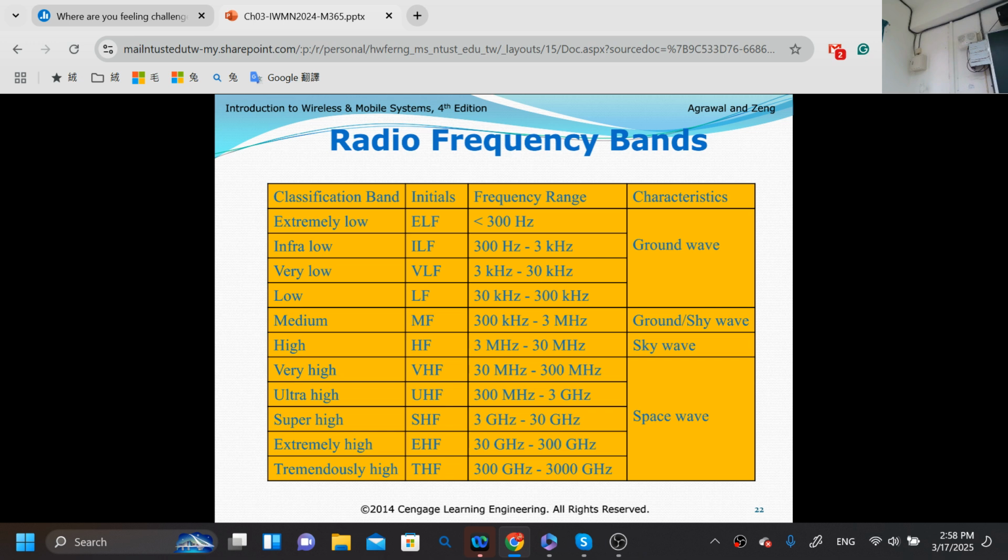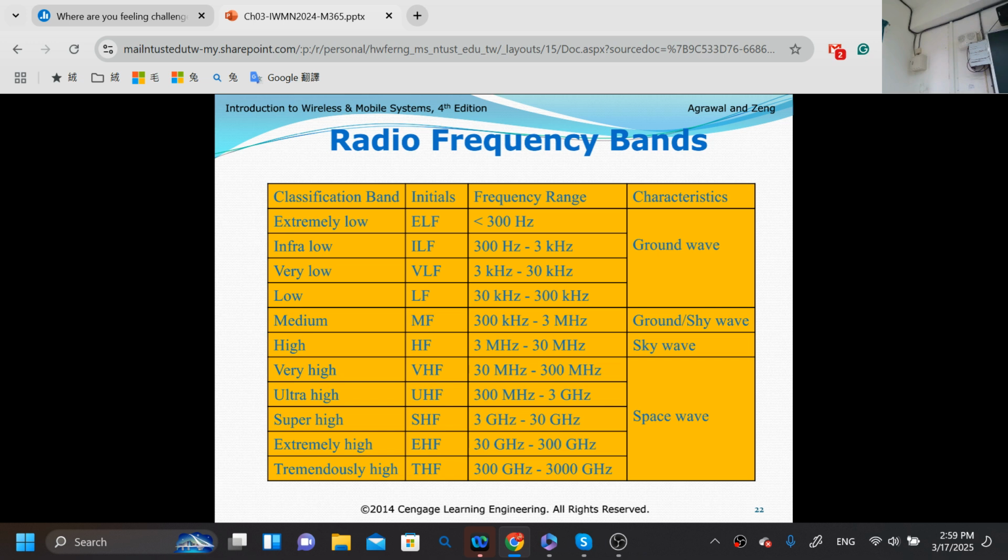If we have the way to have the frequency band, then we can associate the frequency band with the corresponding wave: ground wave, sky wave and space wave. For the previous waves, we can pass on frequency band to have the classification. It doesn't mean we have a one-to-one mapping, but for the current frequency band, yes, only ground wave and the space wave here.